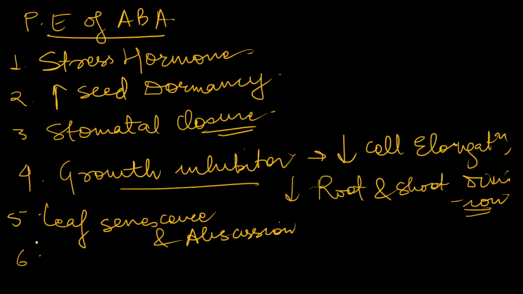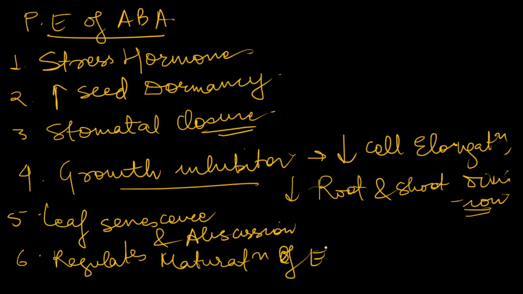It regulates the maturation of embryo and storage protein synthesis, so you can mention this. Obviously, we have just discussed that it is a stress hormone, so it has a role in protection of the plant from abiotic stresses such as drought, salinity, cold and heat. It induces the expression of stress responsive genes. So all these things you can mention.